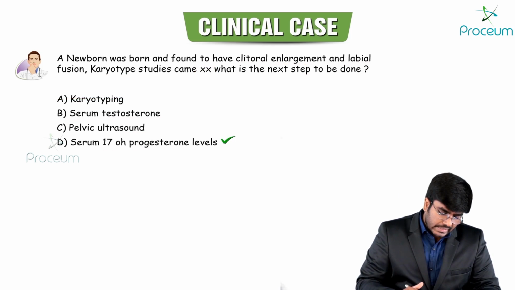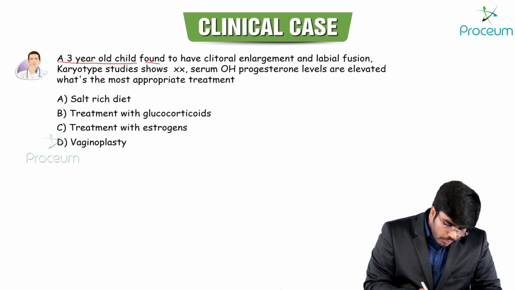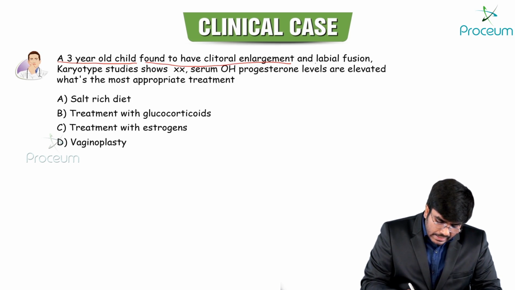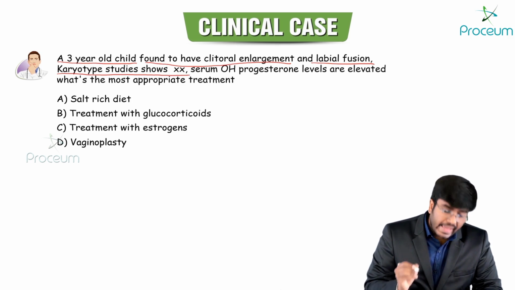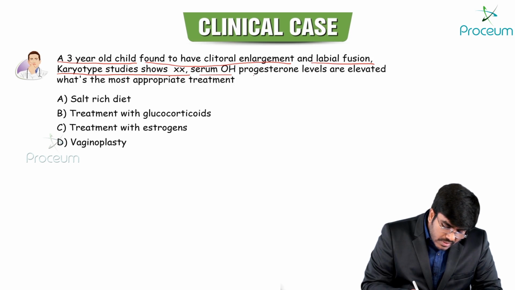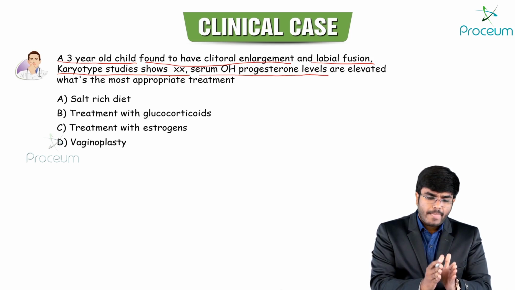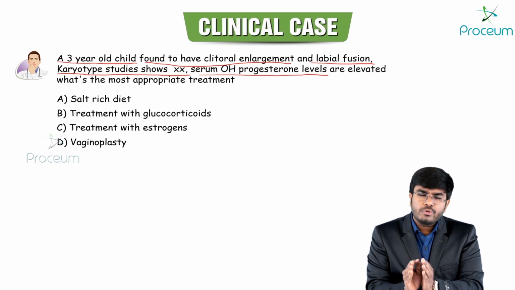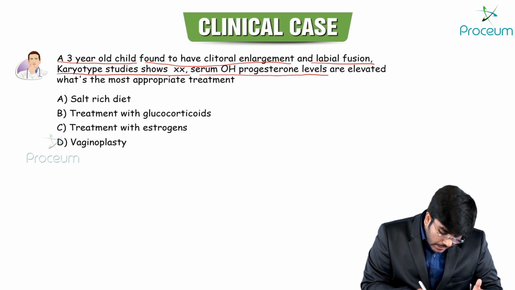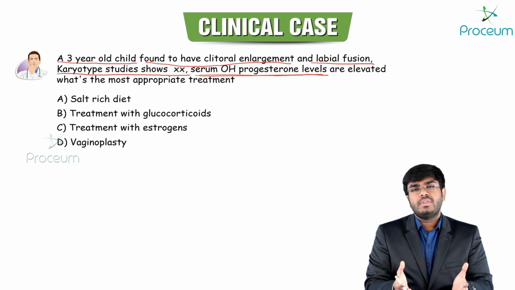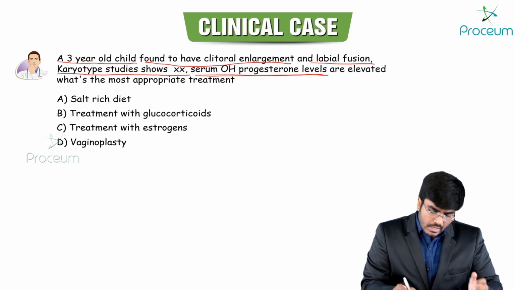Okay. Now, let's see one more case. A 3-year-old child found to have clitoral enlargement and labial fusion. Karyotyping shows XX and serum 17 hydroxyprogesterone levels are elevated. Very clear. Female karyotype, clitoral enlargement and labial fusion, which means ambiguous genitalia, and even the 17 hydroxyprogesterone levels are elevated, which is very clear that this is a case of congenital adrenal hyperplasia.